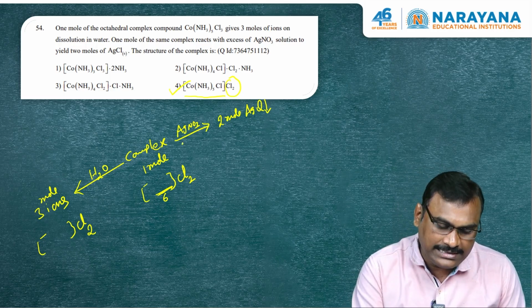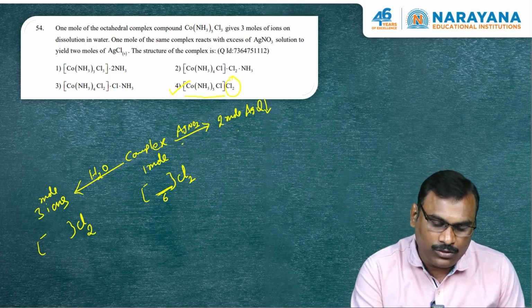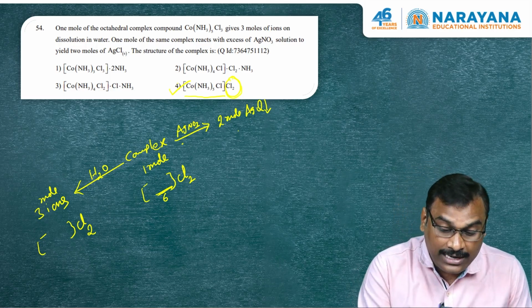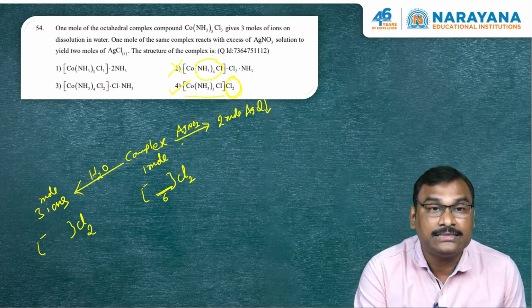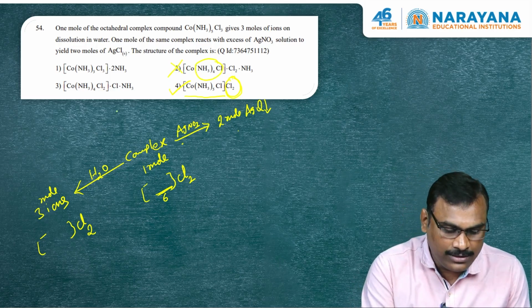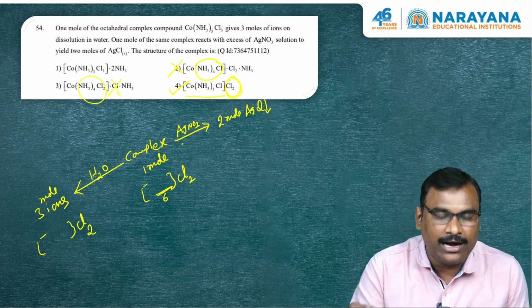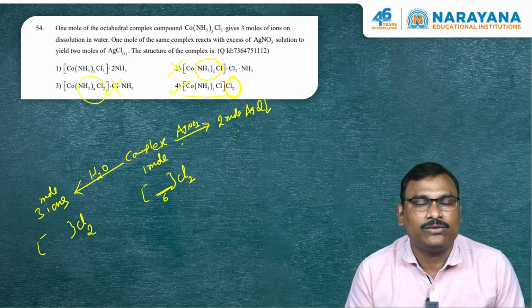When treated with AgNO3 it also gives 2 moles of AgCl, because the 2 chloride ions are present in the ionizing sphere. We cannot go for option 2 since the coordination number is 5. Another option looks like 6, but only 1 chlorine is outside. So option 4 is the best option for the given question.